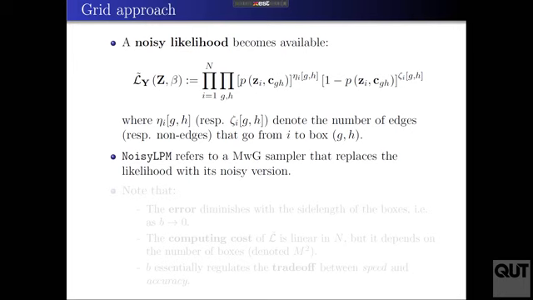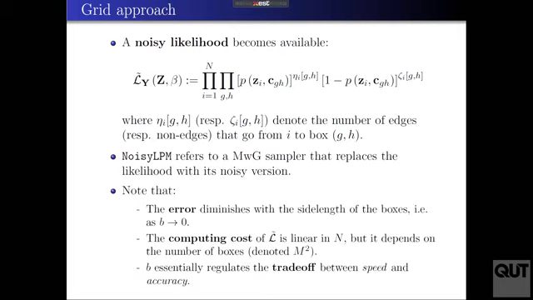We want to save time in computing the likelihood, and I will refer to this new algorithm as NoisyLPM. The properties of this algorithm are that if the boxes become smaller, then the error decreases, and also the computational cost will increase.